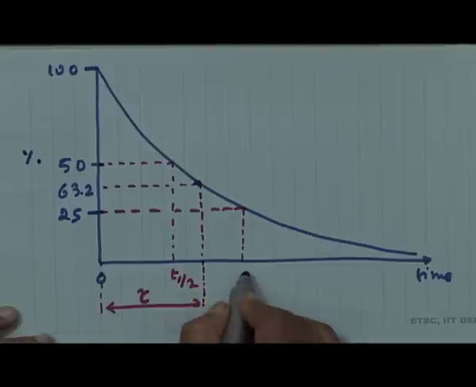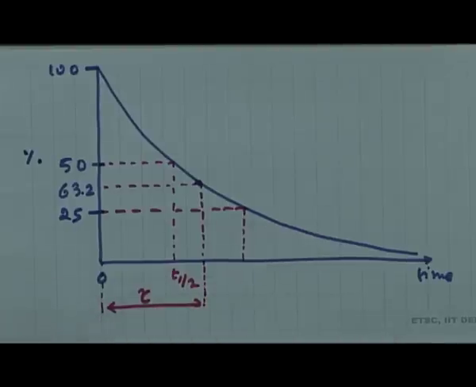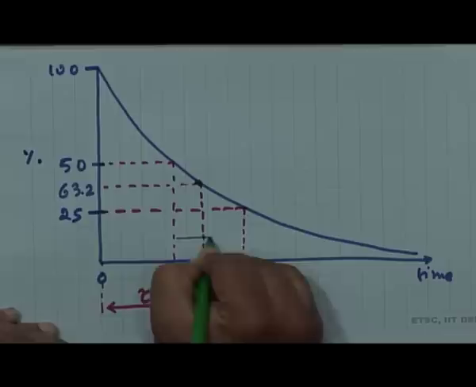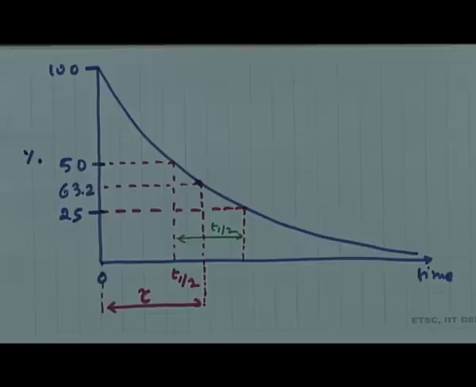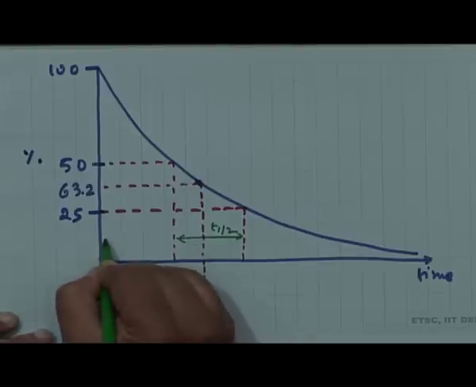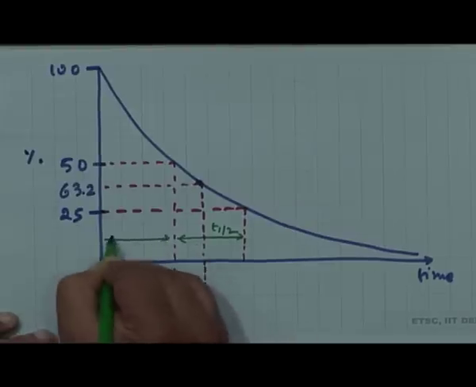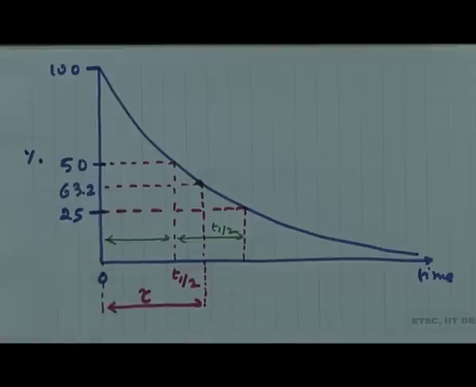From here to here, that is T half 1. This is another T half, the next T half. See, this T half and the first T half, which was from here to here, aren't they the same? Though it is not drawn to scale, aren't they the same?